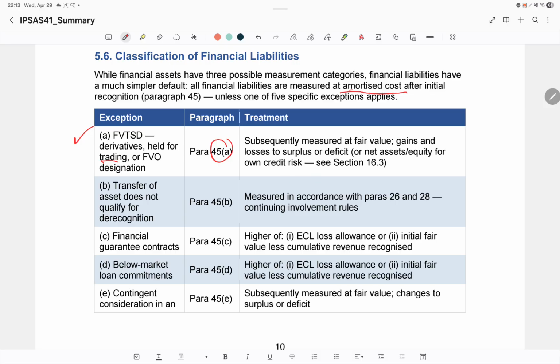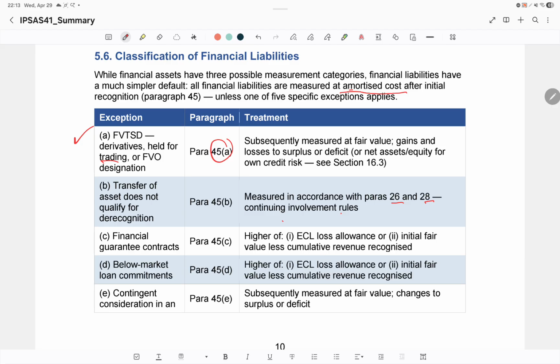See section 16.3. Transfer of assets that does not qualify for derecognition is measured in accordance with paragraph 26 and the continuing involvement rules. Financial guarantee contracts: higher of ECL loss allowance or initial fair value less cumulative revenue recognized.